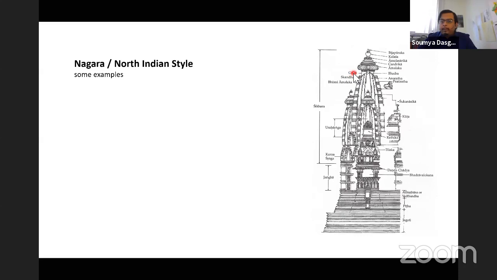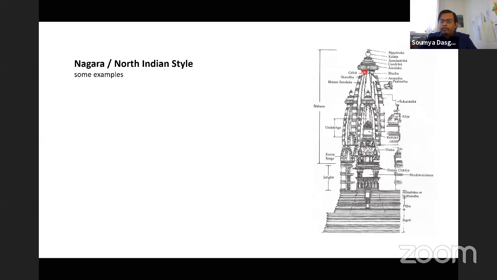The griva means neck, the skandha means shoulder, and then you have the jangha, which means the knee. So the knee is here, the neck is here, and this is mostly like a human body. Although the other elements are not directly related to the human body, they also come into play.